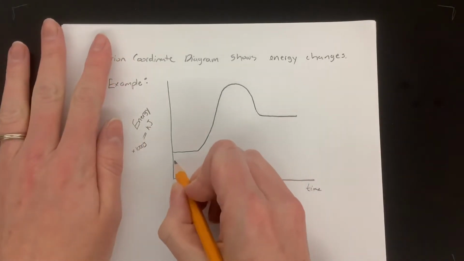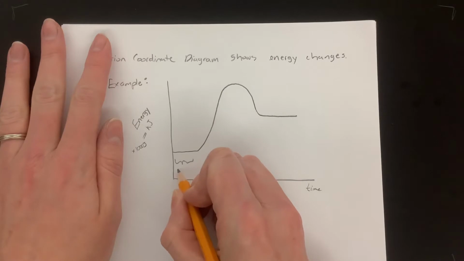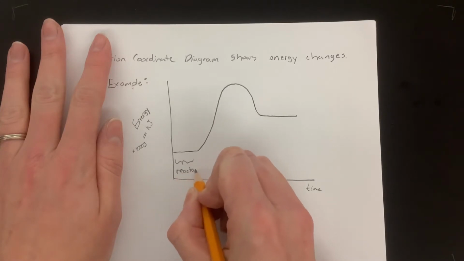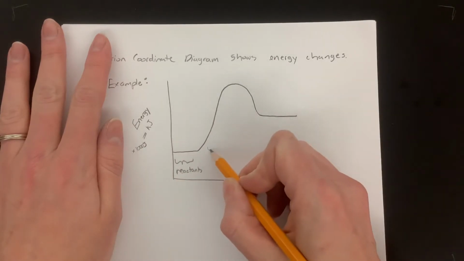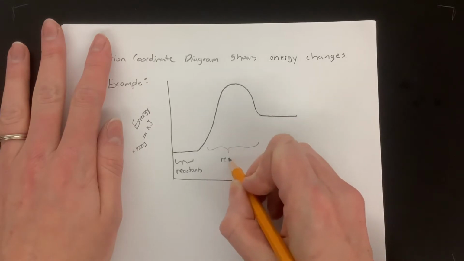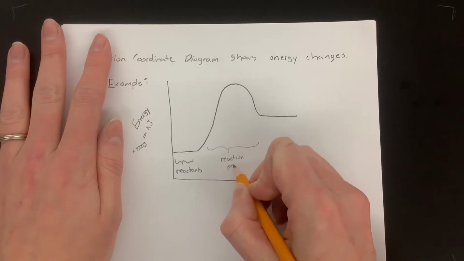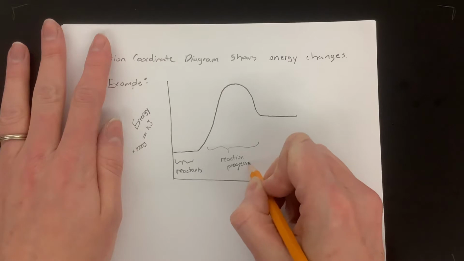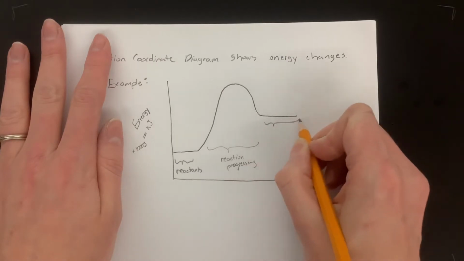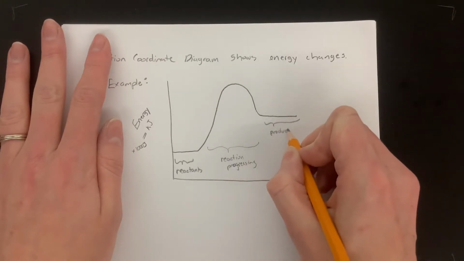So this area right here represents the energy of the reactants, okay? This area right here represents the reaction progressing. And then this area right here would be the energy of your products, okay?